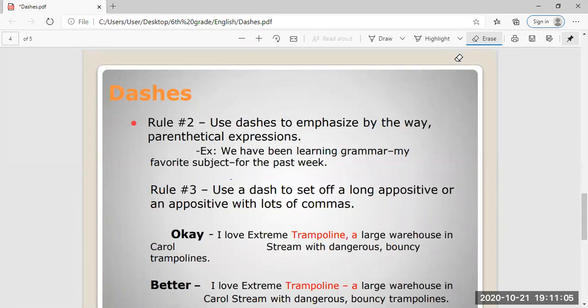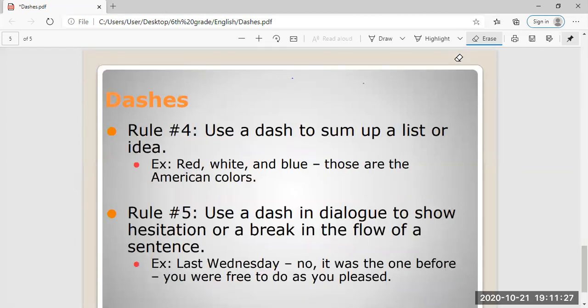Rule number two, use a dash to emphasize a parenthetical expression. Rule number three, use a dash to set off a long appositive or an appositive with lots of commas. Use it instead of commas, but not always. Rule number four, use a dash to sum up a list of ideas.